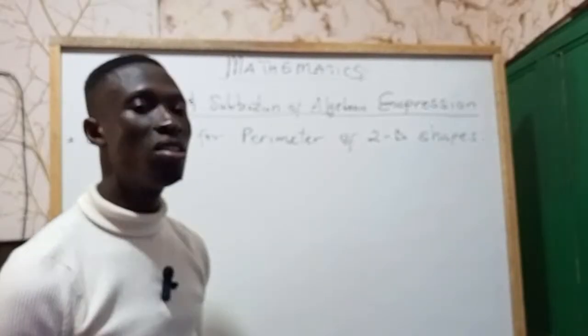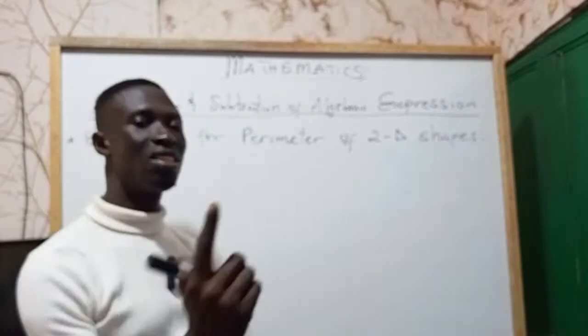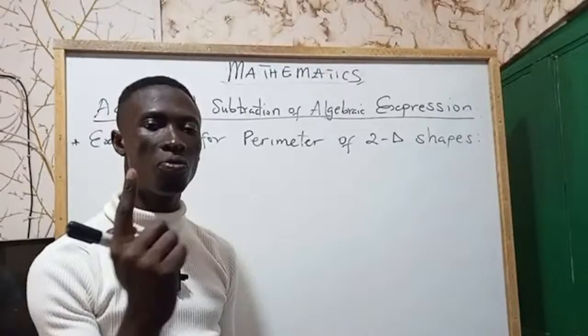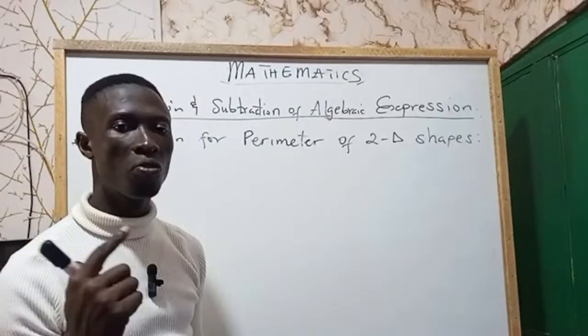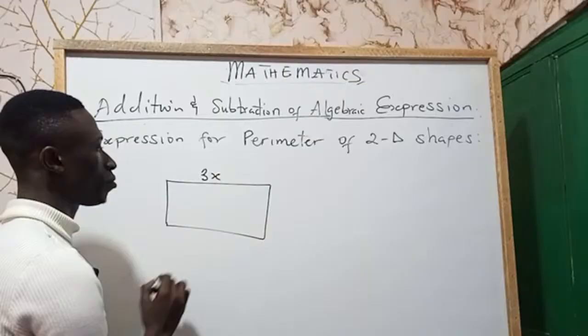Now the word perimeter simply means the distance around your figure, the total sum around your figure, your object, or whatever shape you have there. So for example, if I have a rectangle, this is my rectangle, and I have 3x, and then I have 2y.